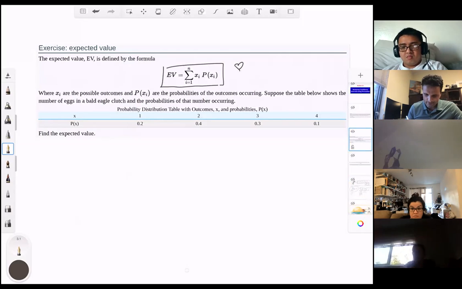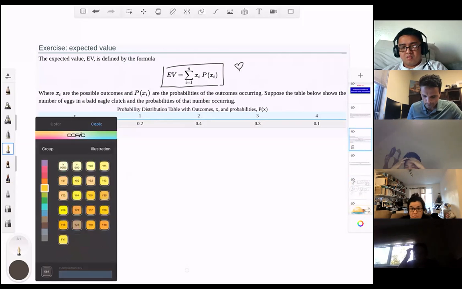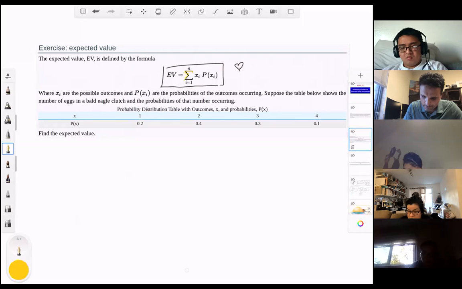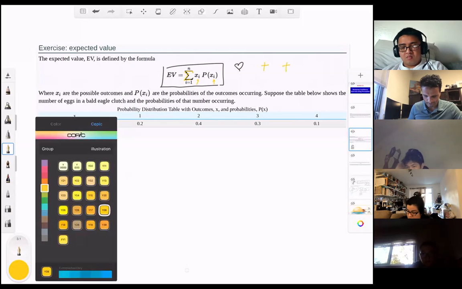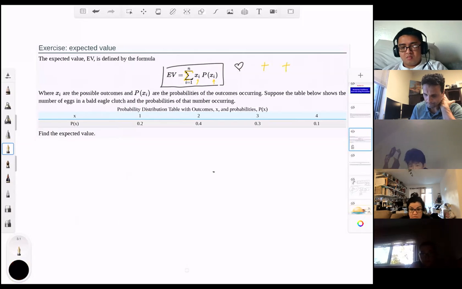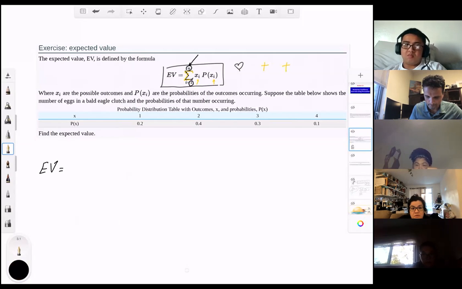So what do we see here? We have sigma. This is addition. So we're going to add, correct? We have x i and we have p of x i. So if i starts from 1 and goes to n, what is our n in this example? i starts from 1.